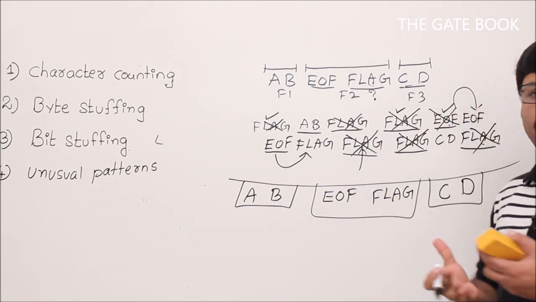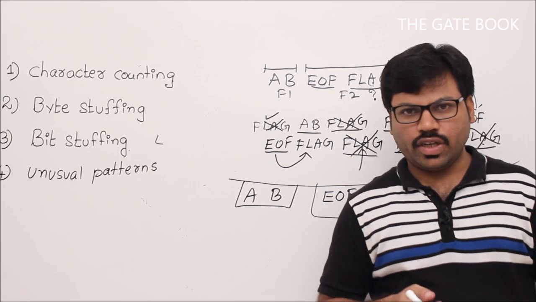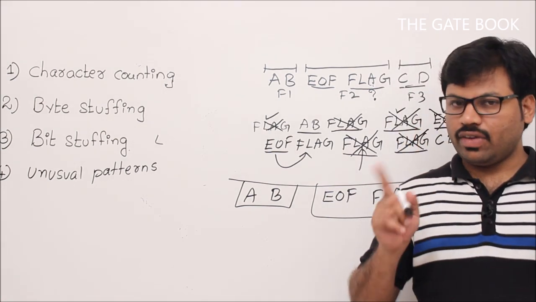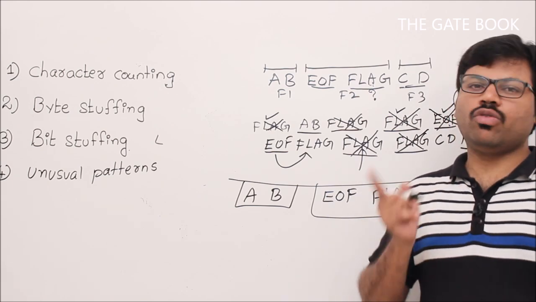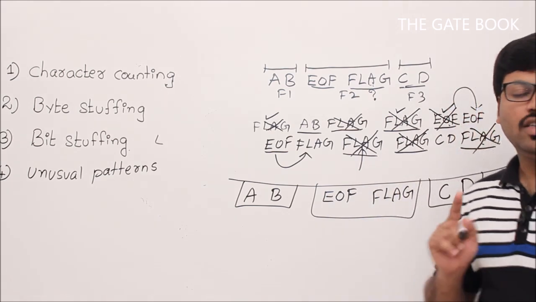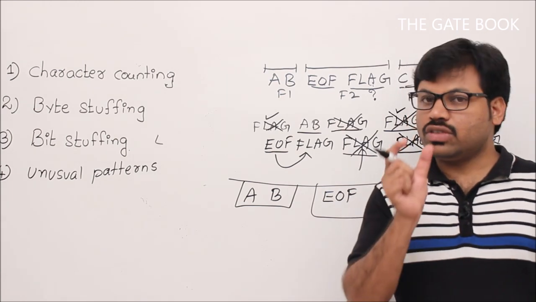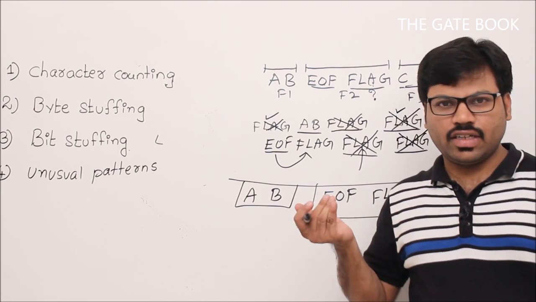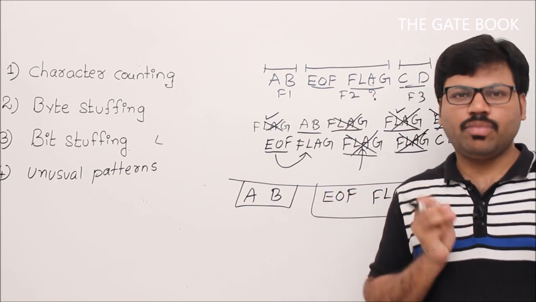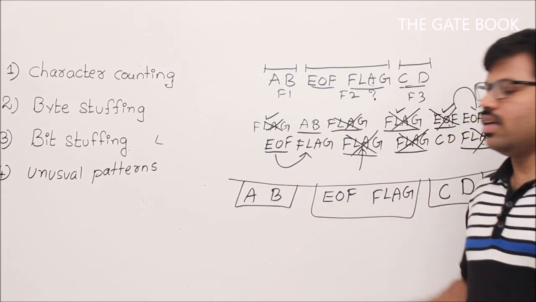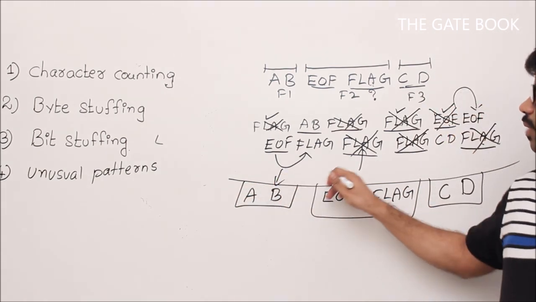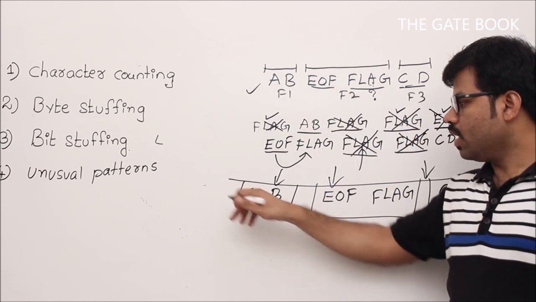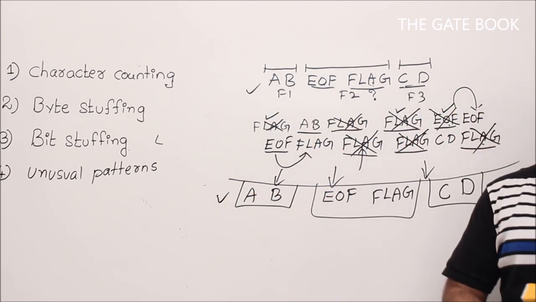To have this kind of imagination, you have to prepend every flag with EOF and every EOF with EOF. That is one thing. Second one, while interpreting, whenever you see EOF, we should discard it and the next symbol, whatever it is, should be treated as a data symbol. If you do that, your frames will automatically and properly be separated by your receiver. The way your sender is understanding, in the same way we are understanding.